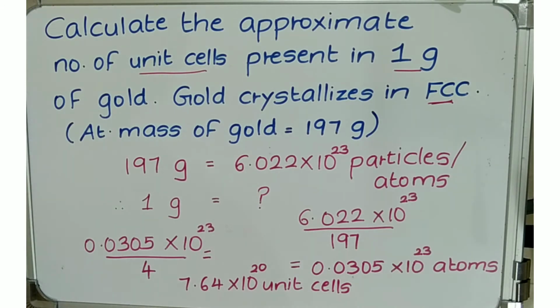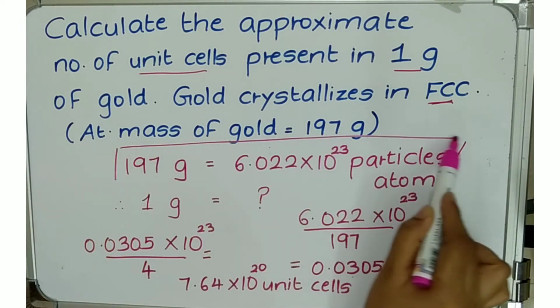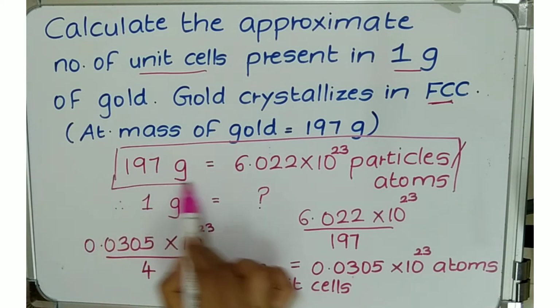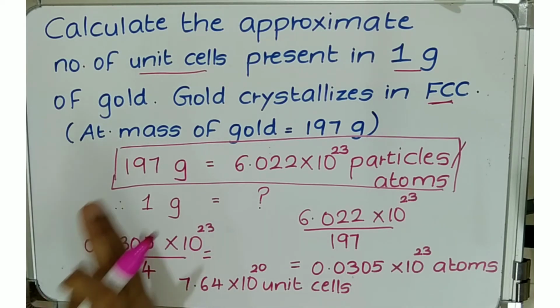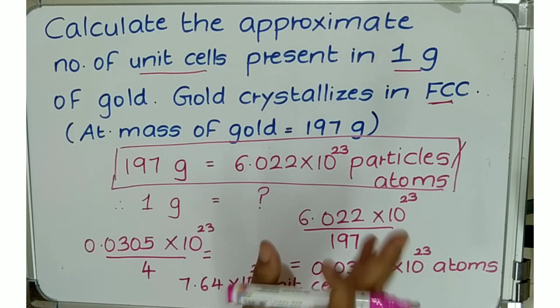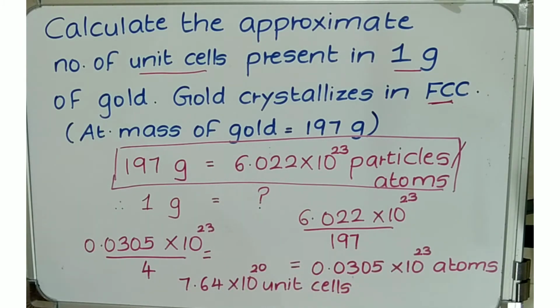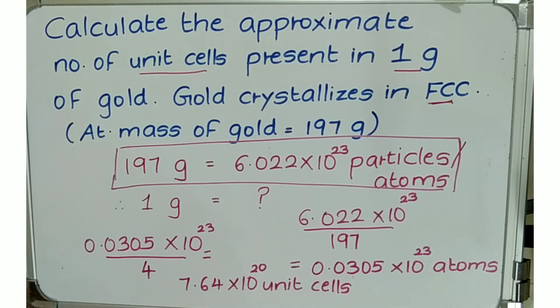So these many unit cells are present in 1 gram of gold. So any question like this, if it is given, calculate the approximate number of unit cells, that means the first line will be the same. That means you write over here the molar mass or the atomic mass given to you. So that much of grams will always contain Avogadro number of particles or atoms. Therefore, whatever grams given in the question, that will contain how many atoms.